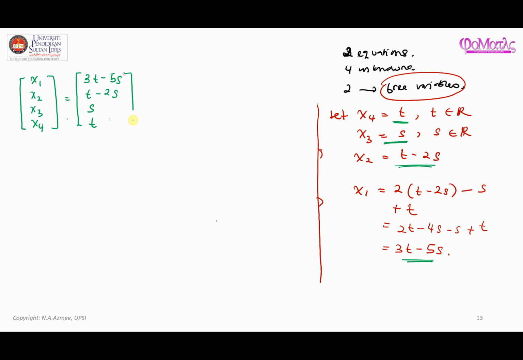Now this matrix here, you can write it in terms of everything related to t and everything related to s.